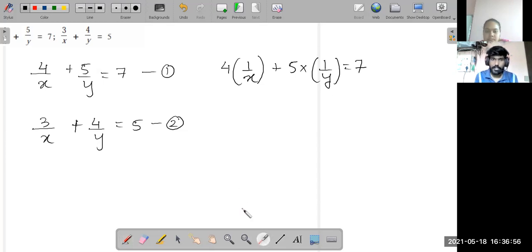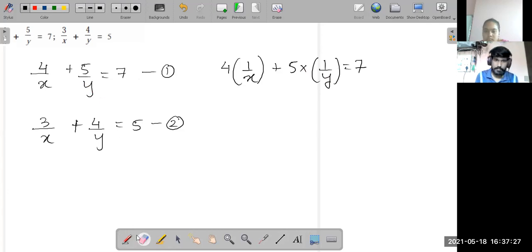Just see here, 4 is in the numerator, x is in the denominator. So we are just separating it like that. This 4 from the numerator is kept outside, and the x that is in the denominator, we have written as 1 upon x and put inside the bracket. Same thing is done for 5. 5 is written outside the bracket since it is in the numerator, and inside the bracket we have 1 upon y, as y is in the denominator.